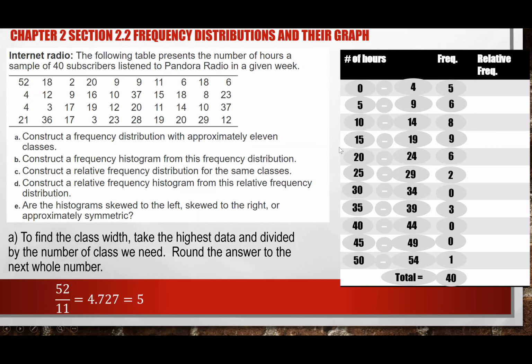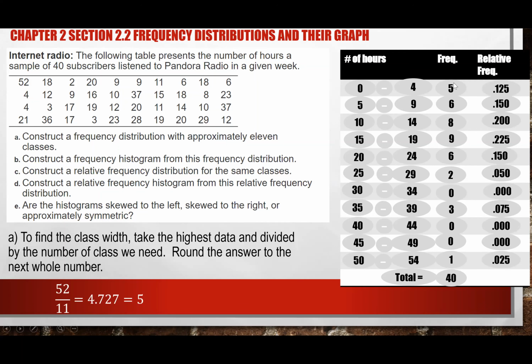And now the second question, which is part C. Let me do part C first before I do part B and part D. In part C, they construct a relative frequency distribution for the same number of classes, right? Go back to your frequency.